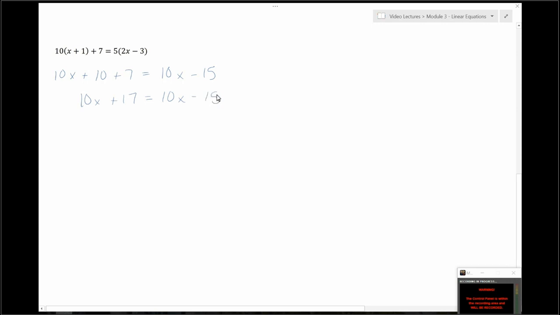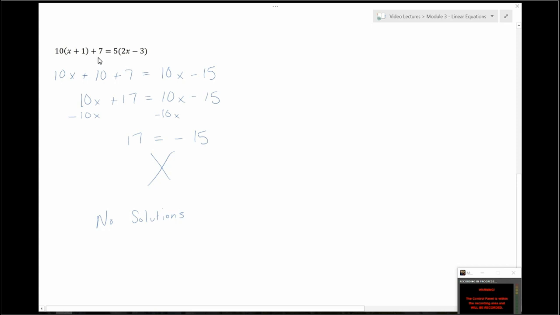If I want to get the x's all to one side, I'll subtract 10x from both sides, and I'm left with 17 equals negative 15. Now, this is absolutely not true. And what that tells me, there are no solutions. It tells me that it doesn't matter what I plug in for x, this will not work, ever.